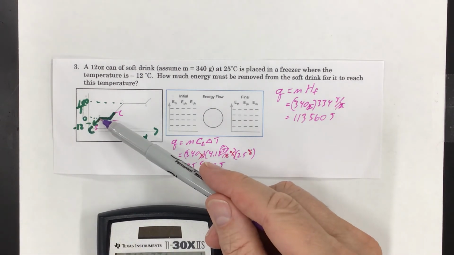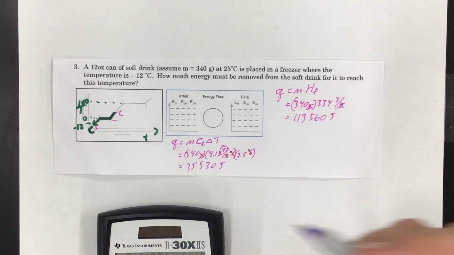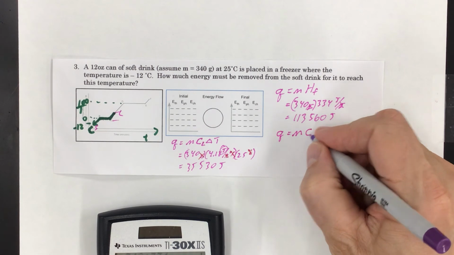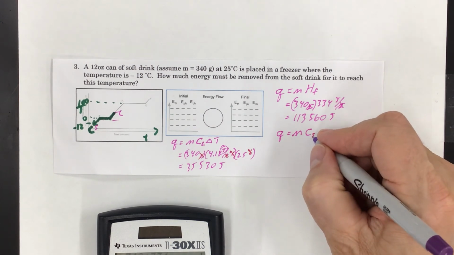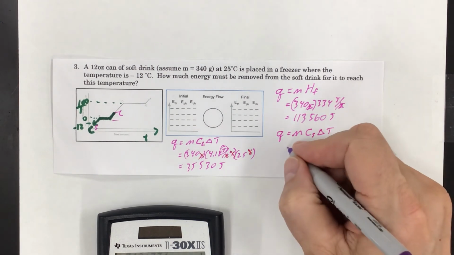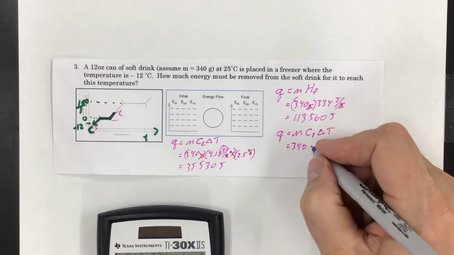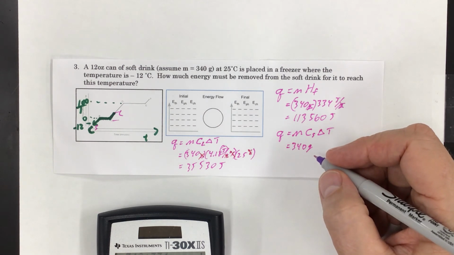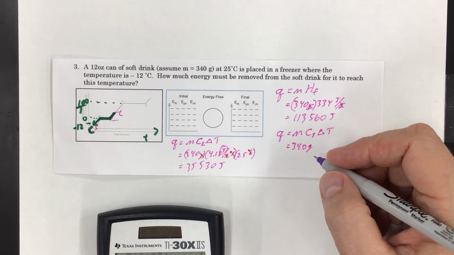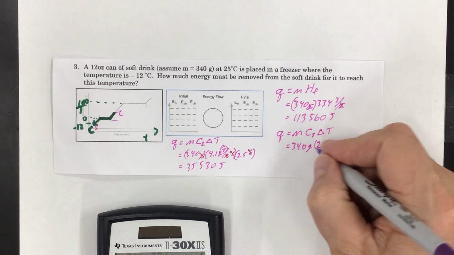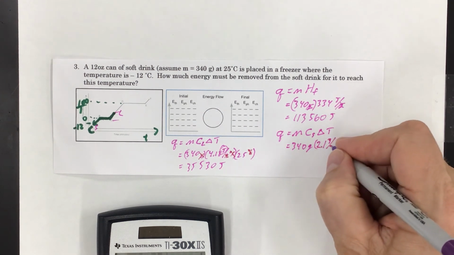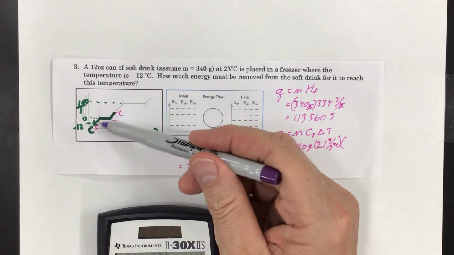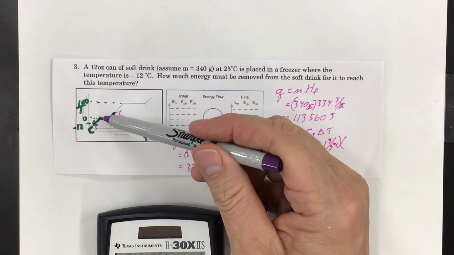And now we'll see how much it takes to cool the solid. Same equation. Q is mass times the heat capacity of the solid times delta T. So it's still 340 grams, that's the mass. And the heat capacity of the solid, if you look up on the top of the page, is 2.1 joules per gram degree Celsius. And then the temperature change in this section, the solid section that we're solving for, goes from 0 to negative 12.